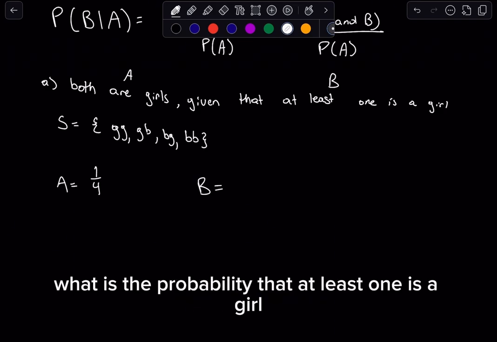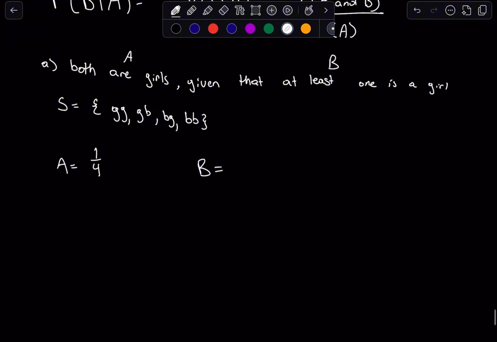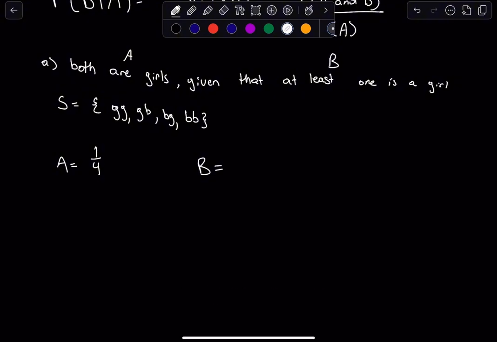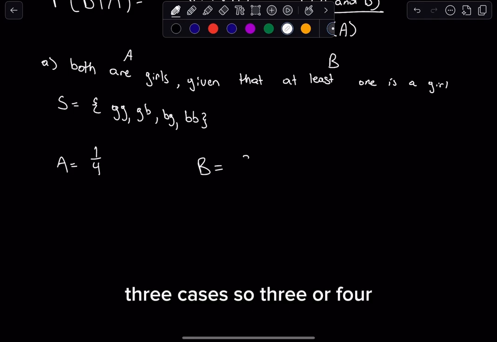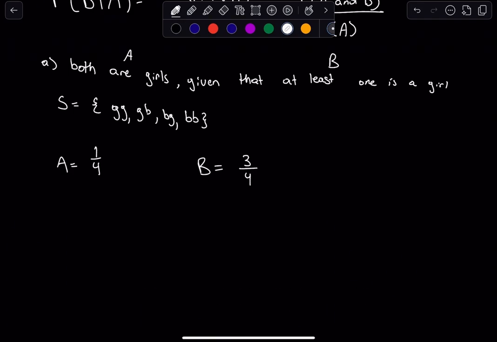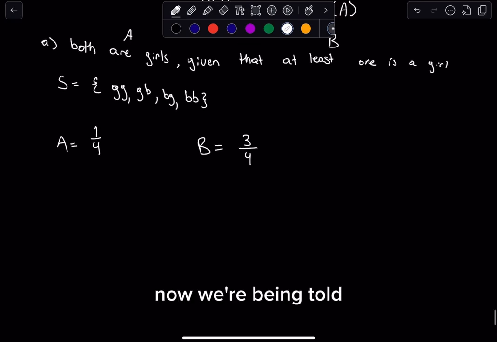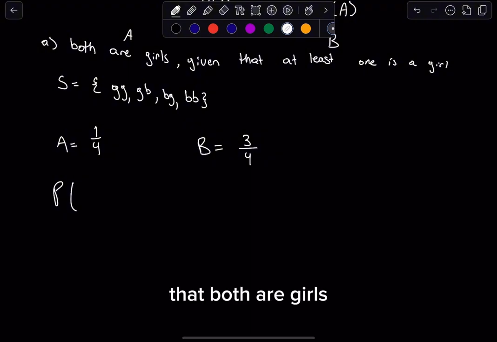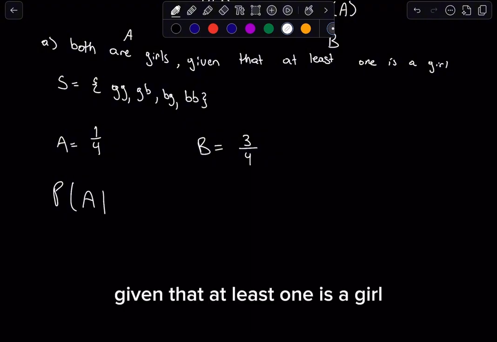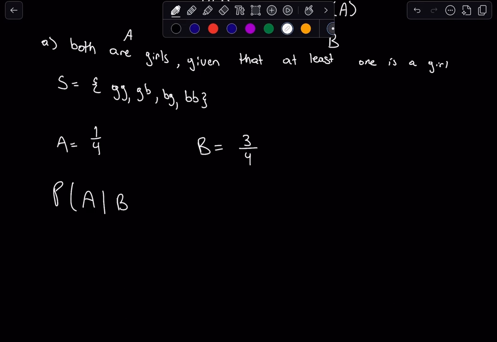What is the probability that at least one is a girl? That is going to be 1, 2, 3 cases. So 3 of 4. Now we're being told, what is the probability that both are girls given that at least one is a girl?